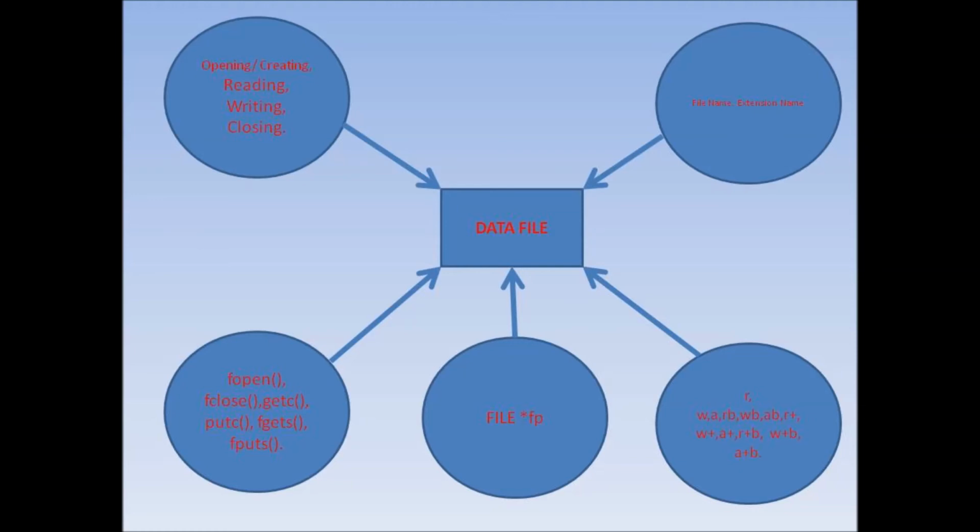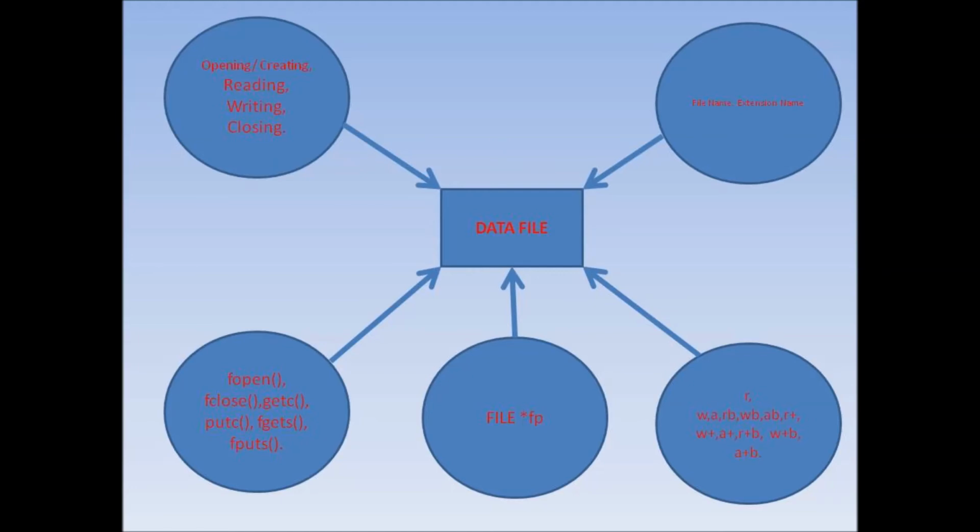A file pointer has the complete information about the file being opened or processed, such as the name of the file, the mode it is opened in, the starting buffer address, and a character pointer that points to the character being read. A file pointer has all this kind of information.